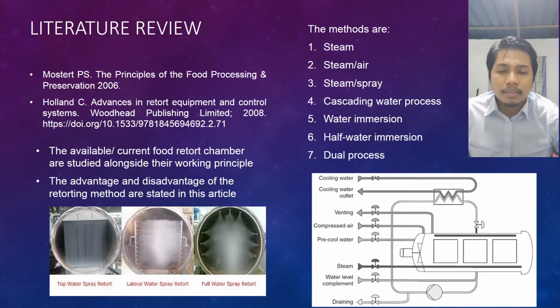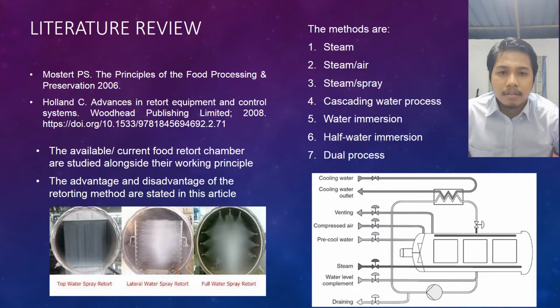For the literature review of this project, Mostert PS in the Principle of Food Processing and Preservation 2006, Hollandsey in Advanced in Retort Equipment and Control System in 2008 state that there are several available food retort chambers in the world now. This retort chamber process has their own method of processing food.